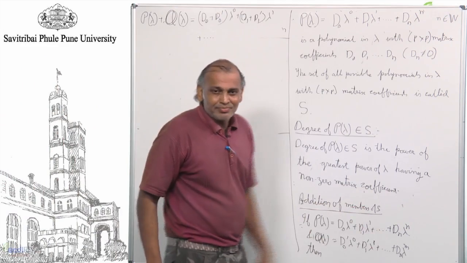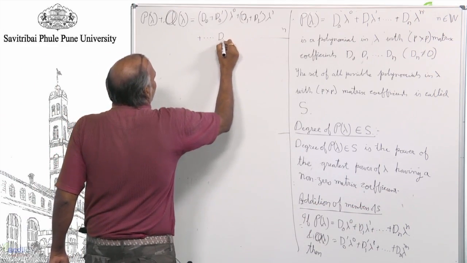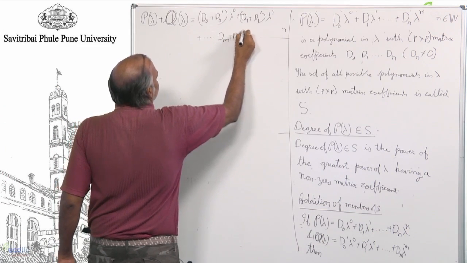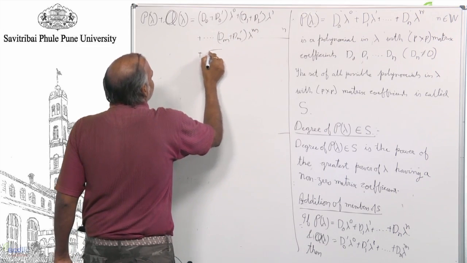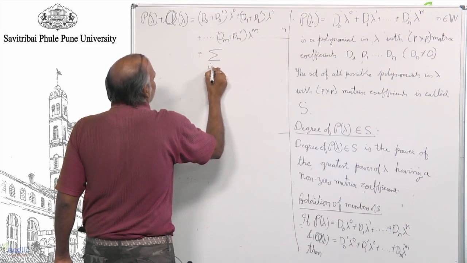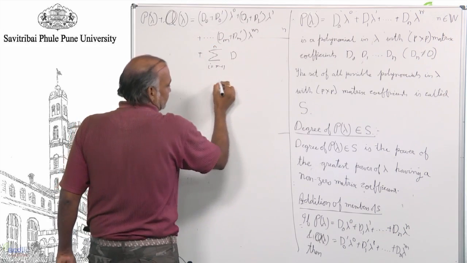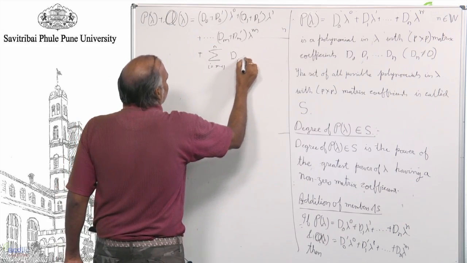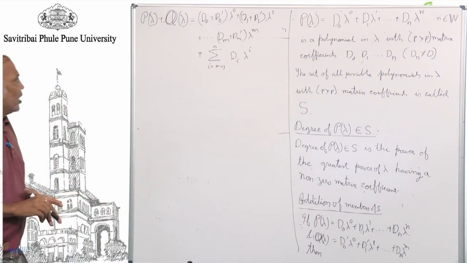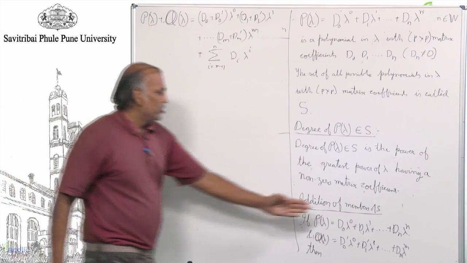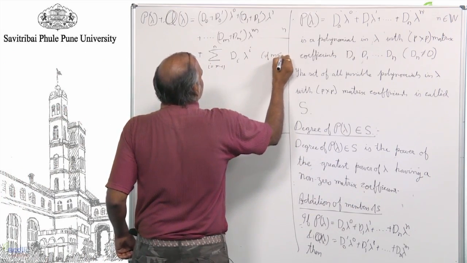Suppose m is lesser than n, then you are going to fall short. Finally you have dm plus dm dash lambda to the power m, and beyond that you are simply going to have sigma over i equal to m plus 1 to n of di lambda to the power i, where i is an index, where only this prevails if m is lesser than n.